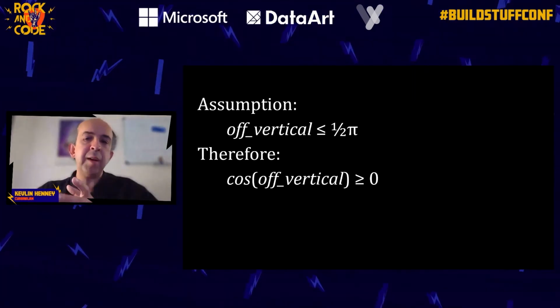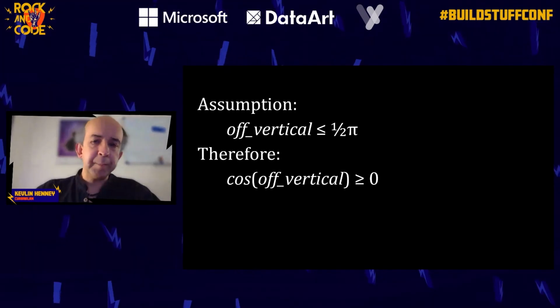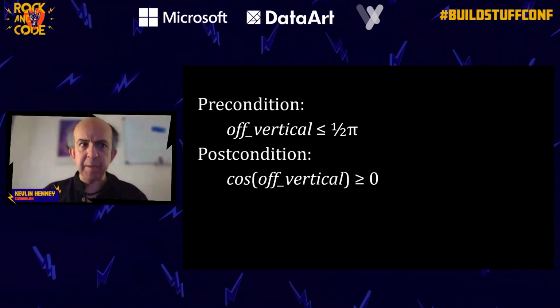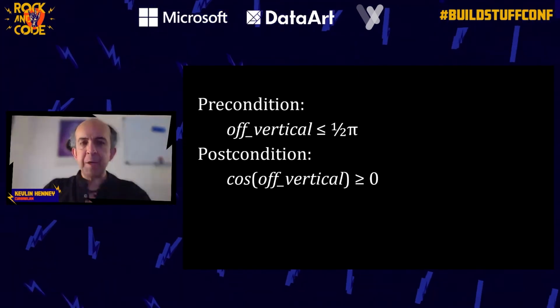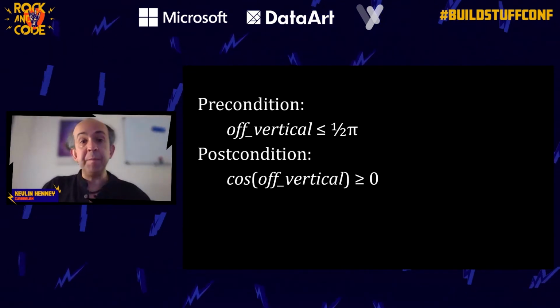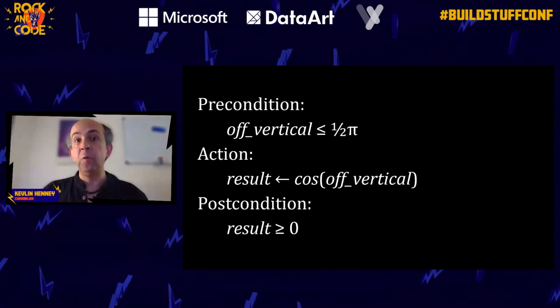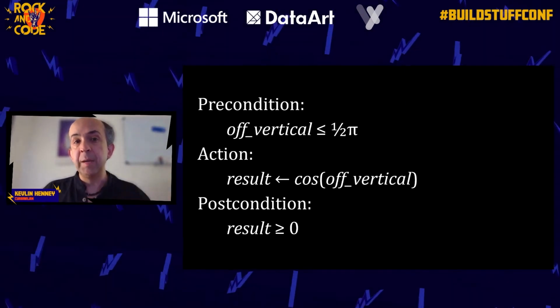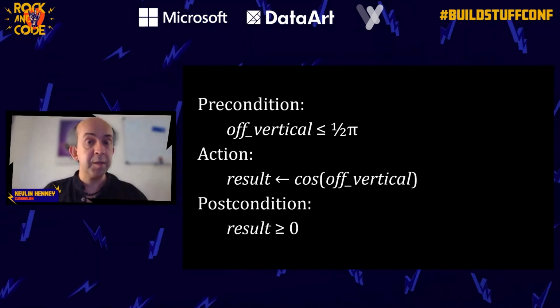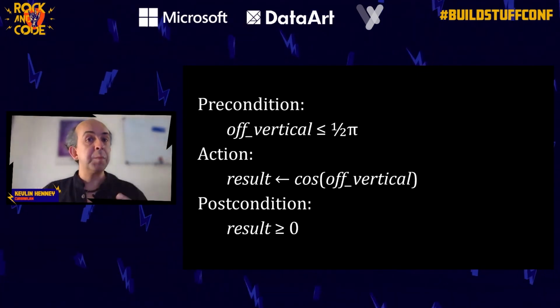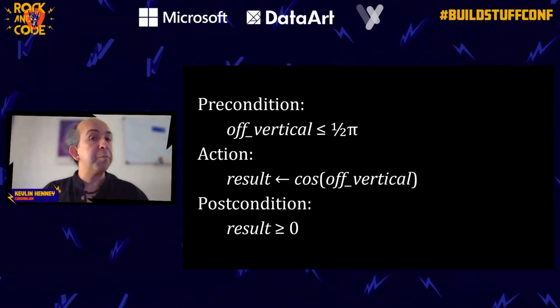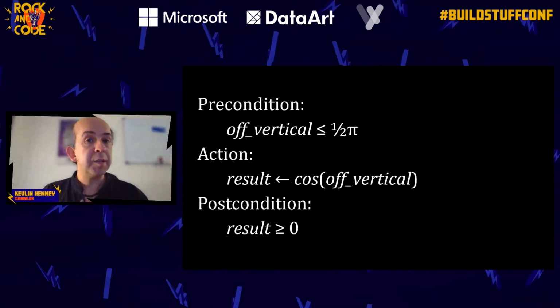So let's reframe this in a more formal computer science way. Precondition and postcondition. In fact, we can be much more formal about it. We can say precondition, action, postcondition. This is the kind of formalism that Tony Hoare used in the late 1960s, again, no new ideas, and it gave rise to things like programming by contract in the late 1980s as an idea.